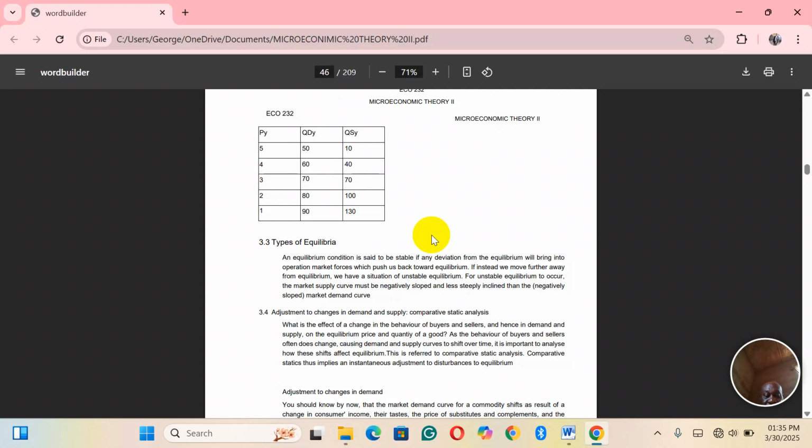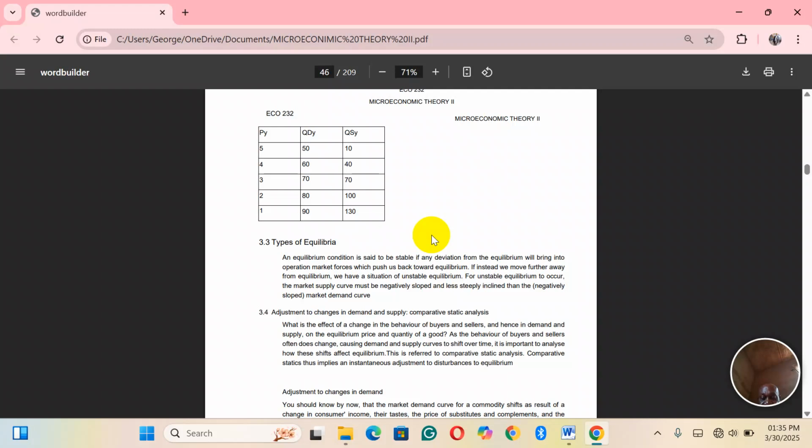Adjustments to changes in demand and supply: comparative static analysis. What is the effect of a change in the behavior of buyers and sellers, and hence in demand and supply, on the equilibrium price and quantity of a good? The behavior of the buyers and the sellers often changes, causing the demand and supply curves to shift over time.